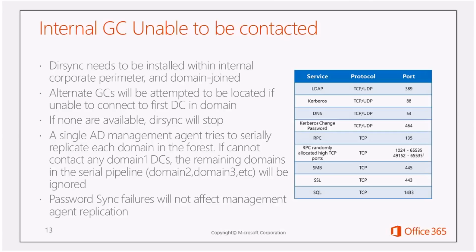And so even though other ships were within range, they still could not get their changes pushed up to the cloud. So you want to make sure that wherever you place your DirSync server, by the way, there can only be one in the organization that is actively replicating, it should have good connectivity with at least one domain controller of each domain in the forest.